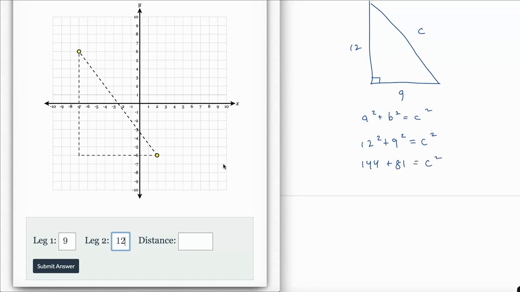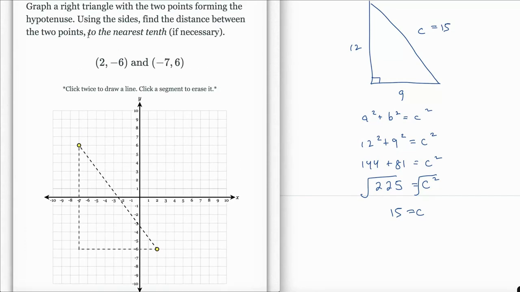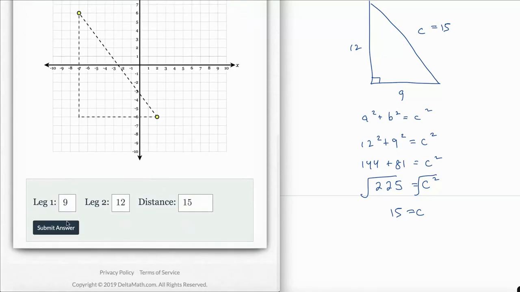So if we add these up, we get 225 is equal to c squared. And the last step of the Pythagorean theorem is to square root. So we get 15 as c. So what that actually tells you is that the straight line distance from this point to this point is exactly 15. Therefore, the rounding to the nearest tenth was not necessary.